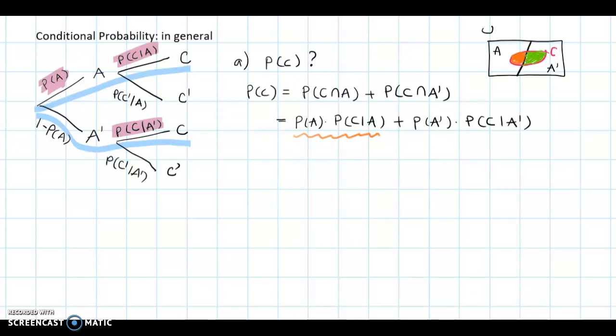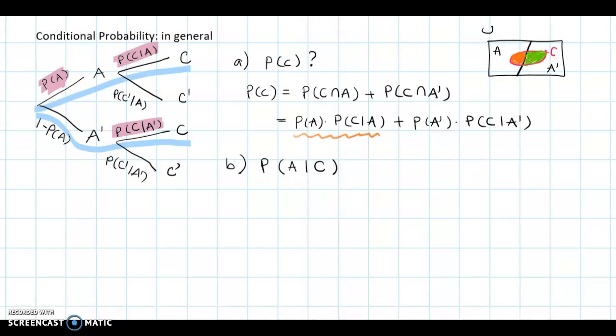Now let's imagine that part B is asking us to find the probability of A happening given that we know that C is happening. So we are switching the conditional probabilities.